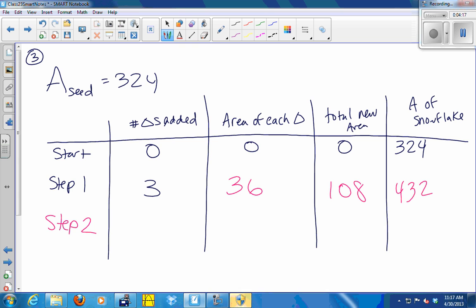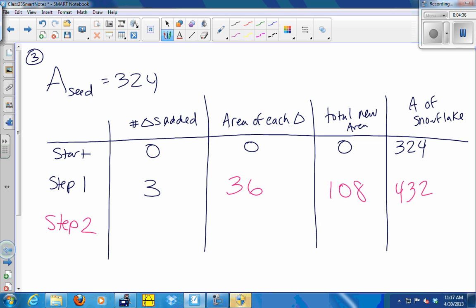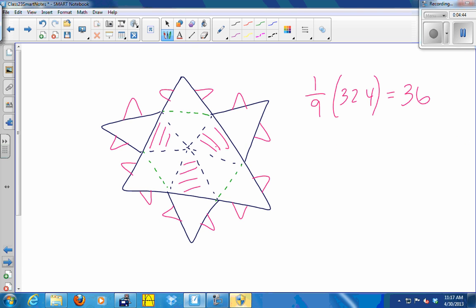Okay. Then at step 2, I add more triangles. So at step 2, I go to this picture and I'm going to put a little triangle on each piece here. So there are 12 pink triangles that I'm adding. 12 triangles. I need to figure out the area of each one. So each one of these pink triangles is going to be 1/9 the area of the little triangle it's attached to, just like each triangle was 1/9 the triangle it was attached to in the previous step.